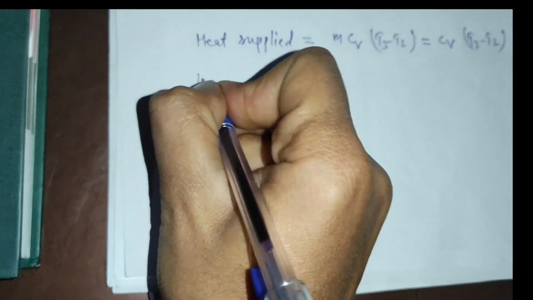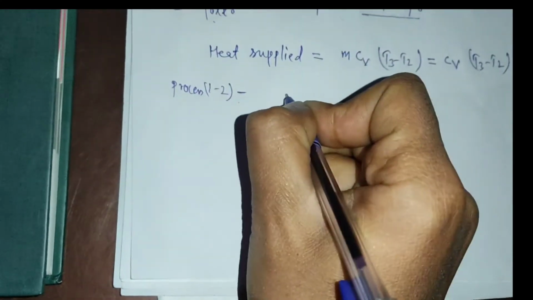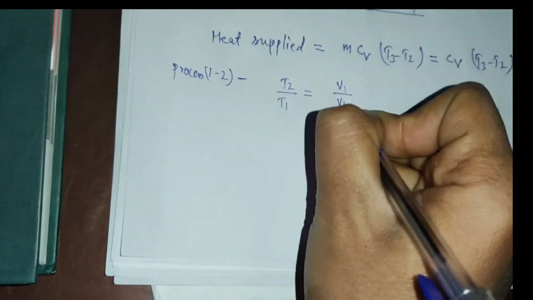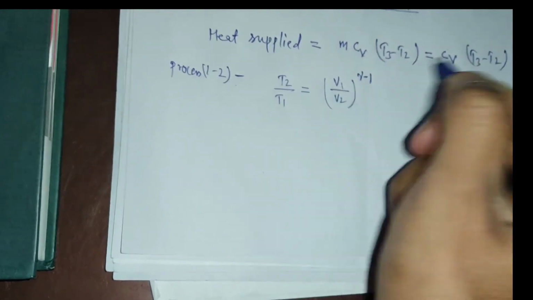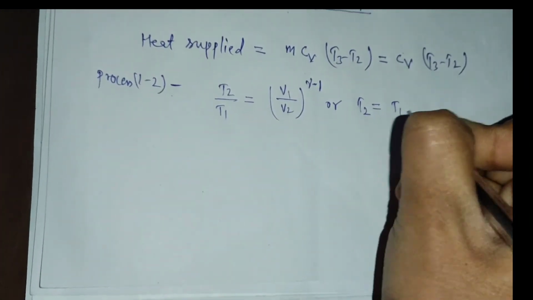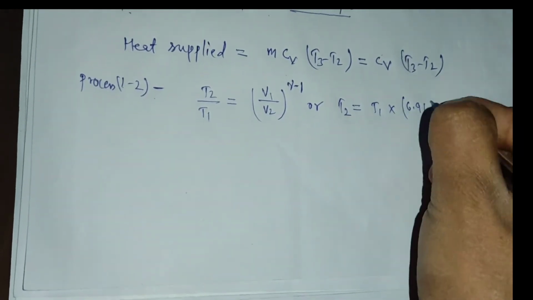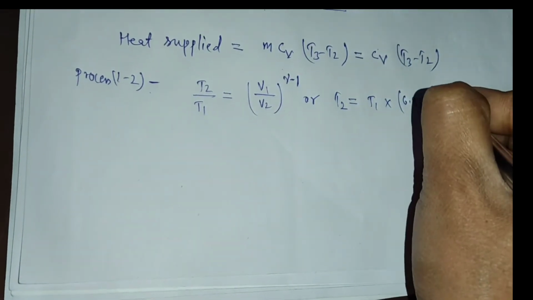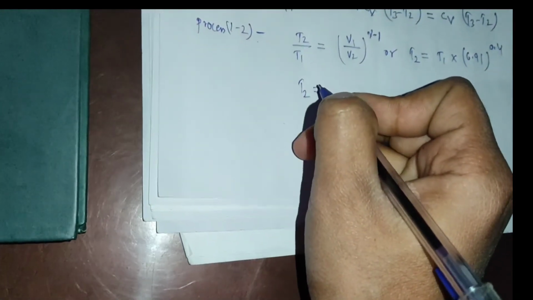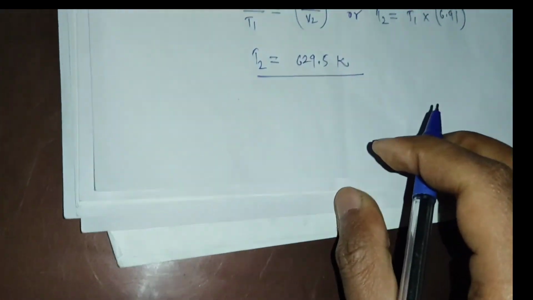For the process 1 to 2, T2 upon T1 is equal to V1 upon V2 to the power gamma minus 1, or T2 can be written as T1 into V1 upon V2, the compression ratio, which is 6.91, to the power gamma minus 1. Gamma minus 1 is 0.4. So T2 will come out as 629.5 Kelvin.